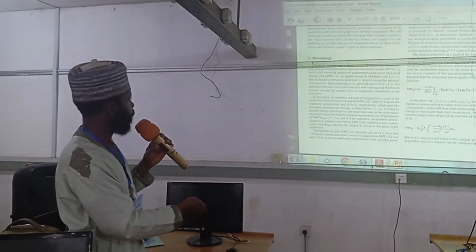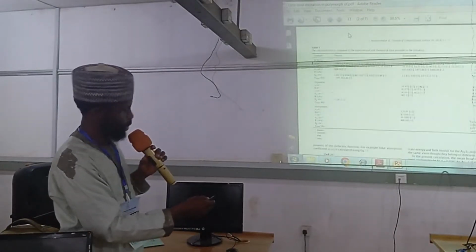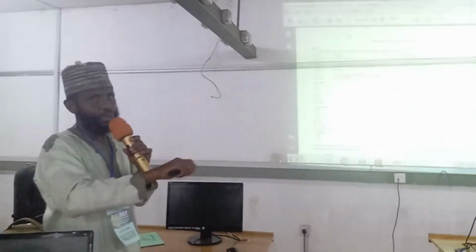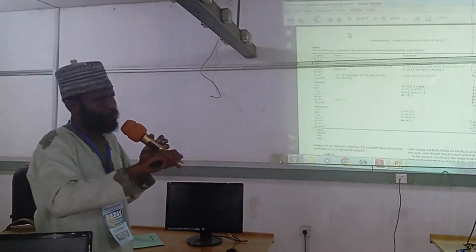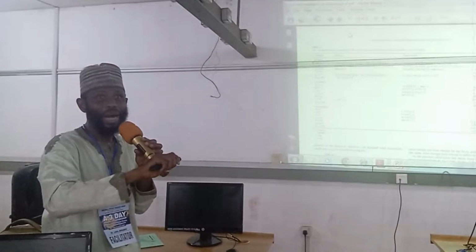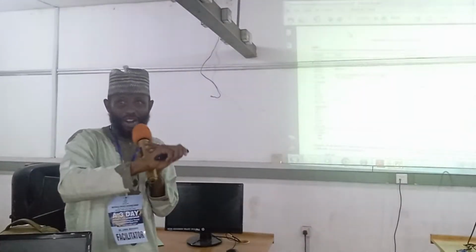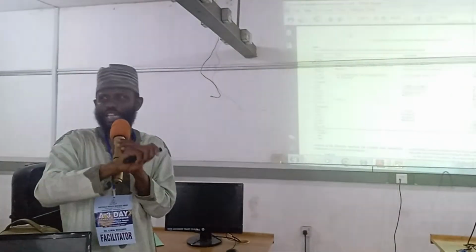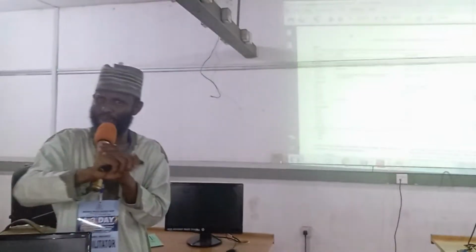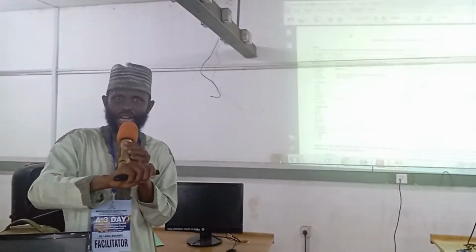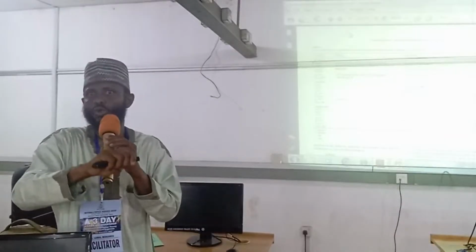This is an example. I just finished talking about K points. That is the first thing you compare: you compare what you have with the experiment. If you get values that match the experiment, it means you are good to go.